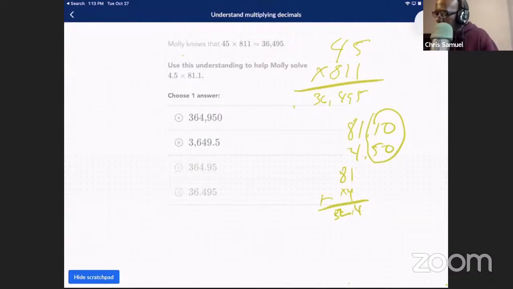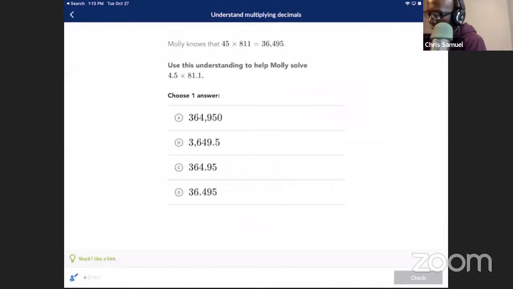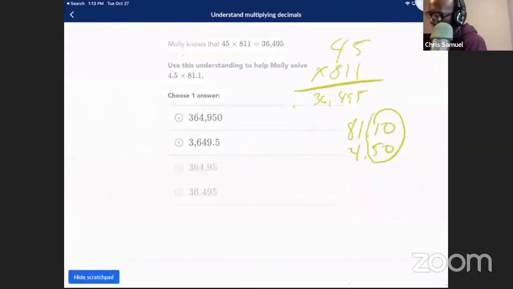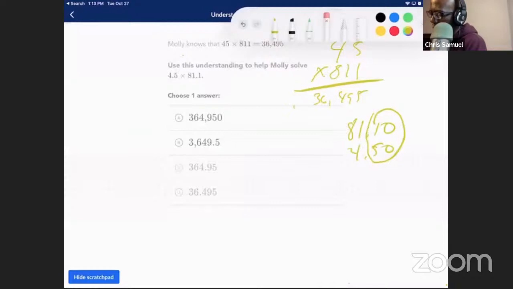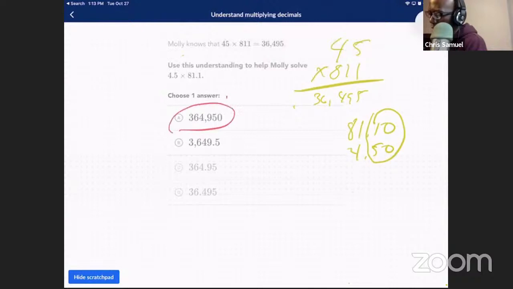So let's go ahead and move this out. And let's look at 364,950. So we know that 4.5 or 81 is a small number, meaning it's smaller than 811. So we should be getting a smaller number. Since this is 3765, we wouldn't get 364,000.